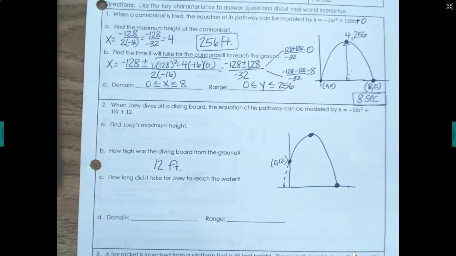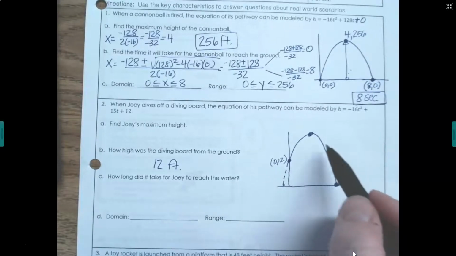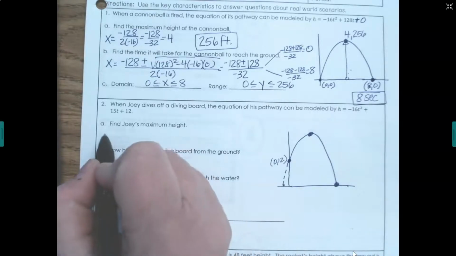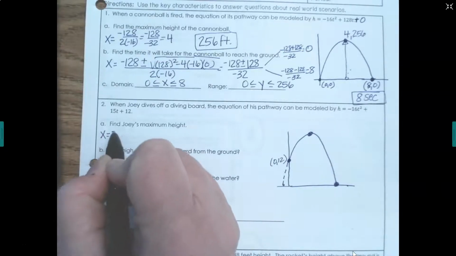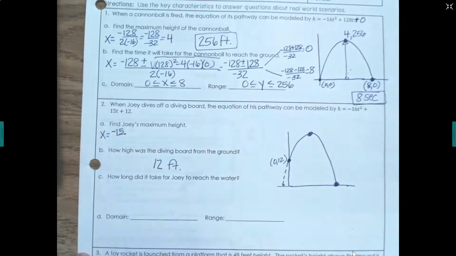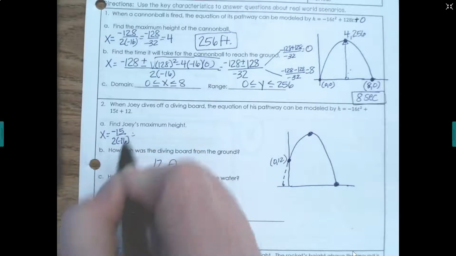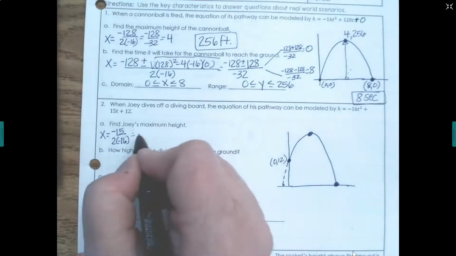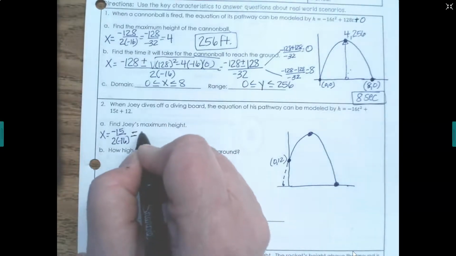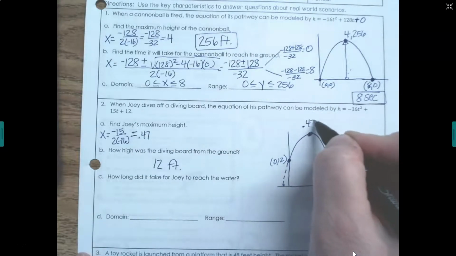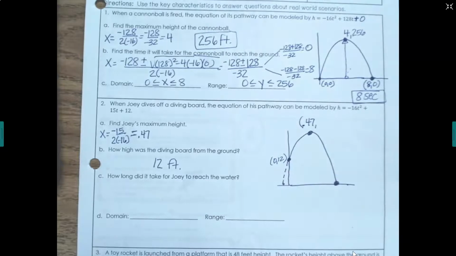Okay, so for the maximum height, we're talking about the vertex here. We need the y value from that. So we start out just like we have. We're going to find the x value by saying negative b divided by 2a. So I get, it's kind of yucky, it's a decimal. I get 0.47 right there. 0.47 is the x value of my vertex.